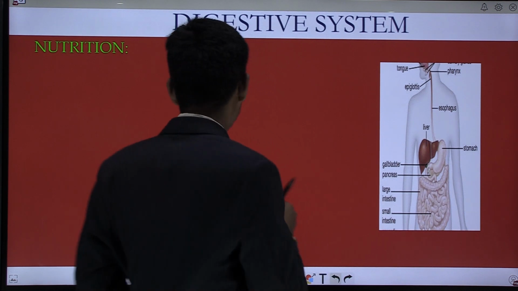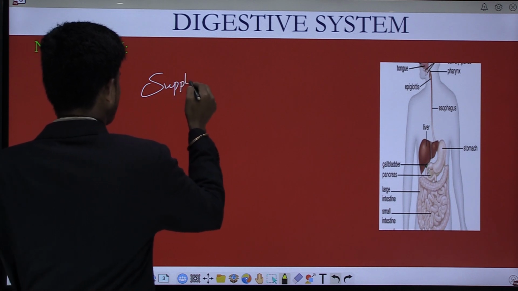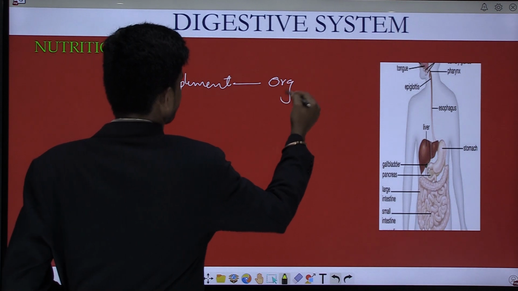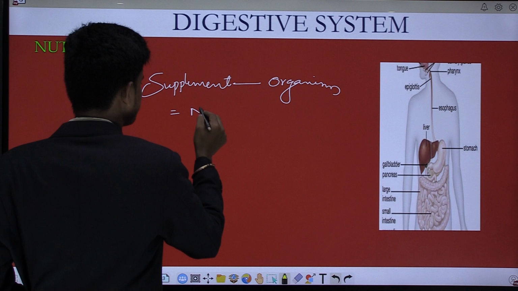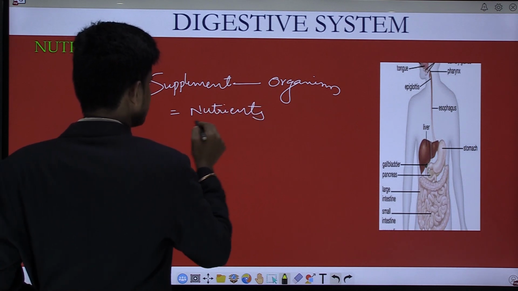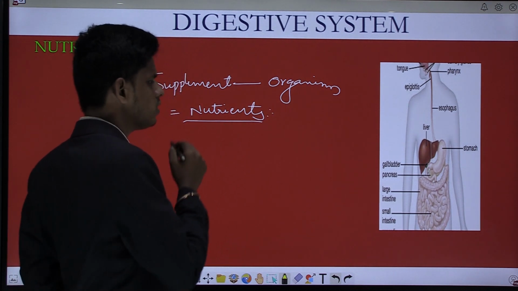So, here the supplement of food to an organism is in the form of nutrients. What is that? Nutrients. Whatever food we take into our body has nutrients.